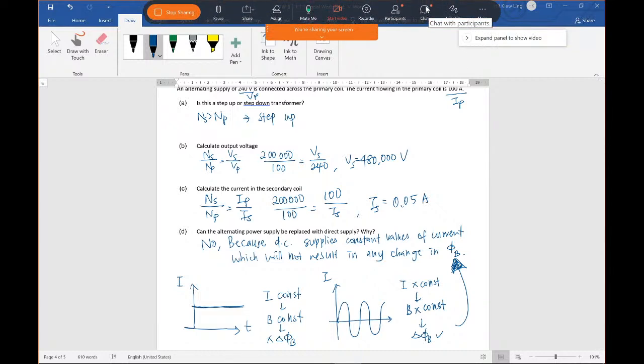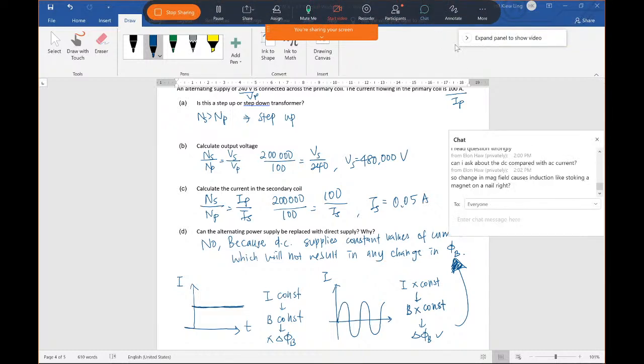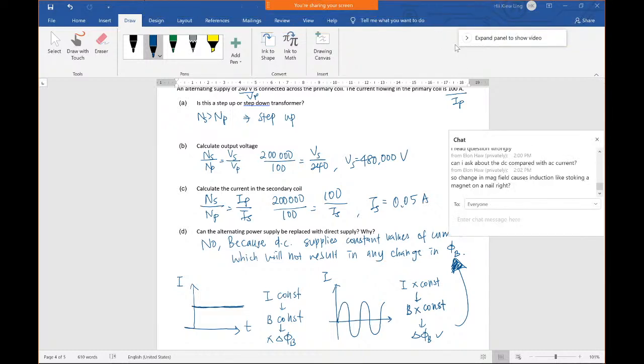What is your question, huh? Change in magnetic field causes induction, like storing a magnet on a nail.